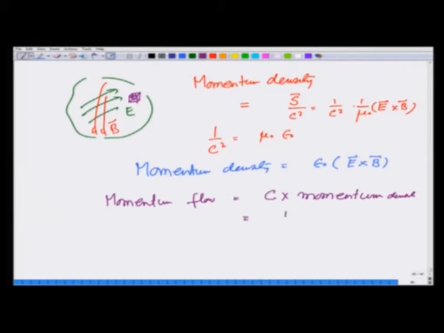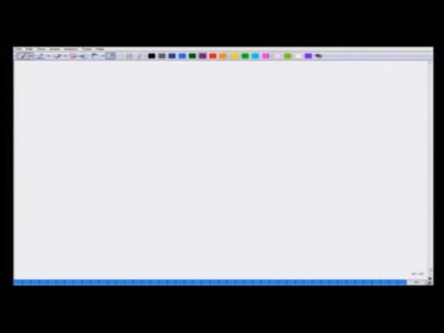And this is going to be nothing but 1 over c times S, which is 1 over c times 1 over mu 0 E cross B. What I am concerned about right now is the momentum density, that the electromagnetic field carries momentum, and I am going to now demonstrate this formula through an example.